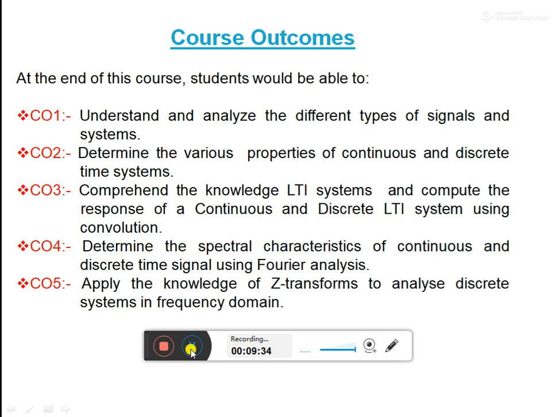And finally, you will be able to apply the knowledge of the Z transform to analyze discrete time systems in the frequency domain. So this is the course outcome of the subject. It indicates the knowledge you can gain at the end of this particular course.